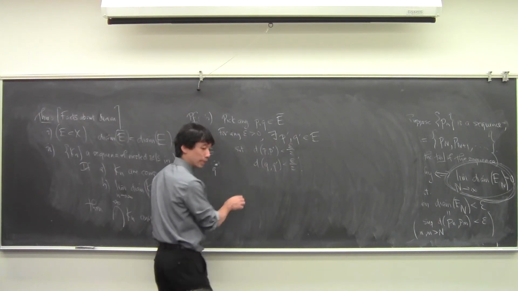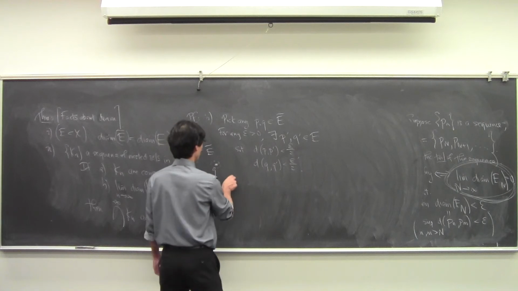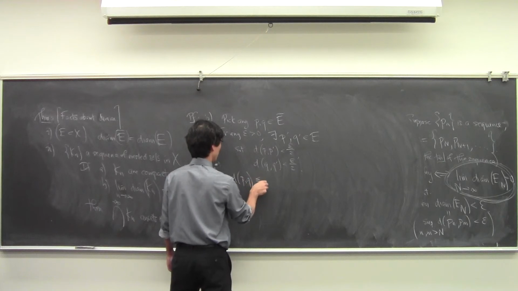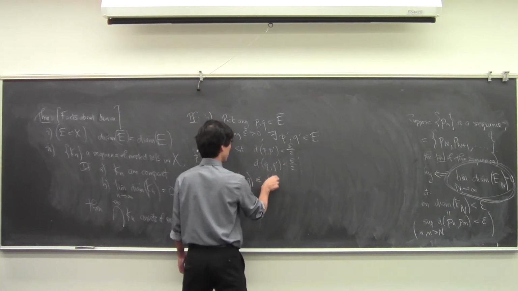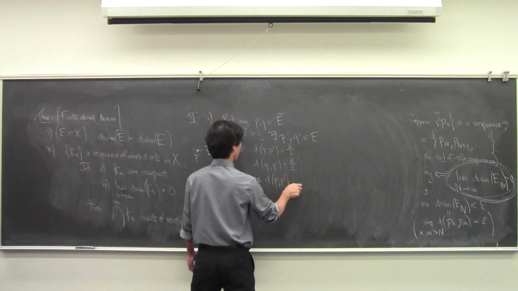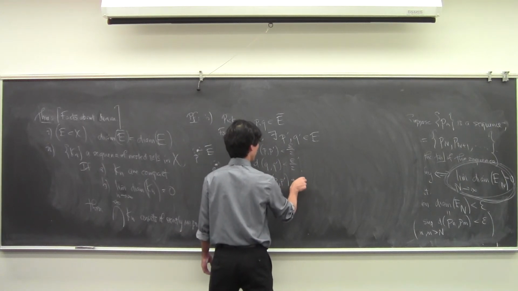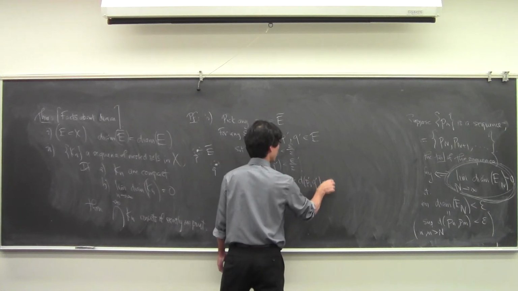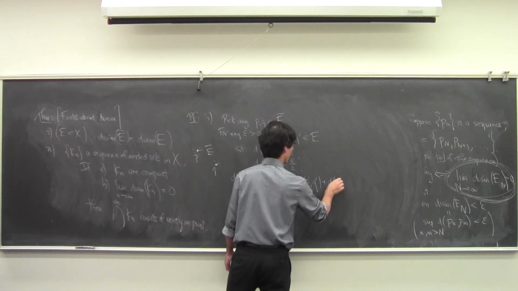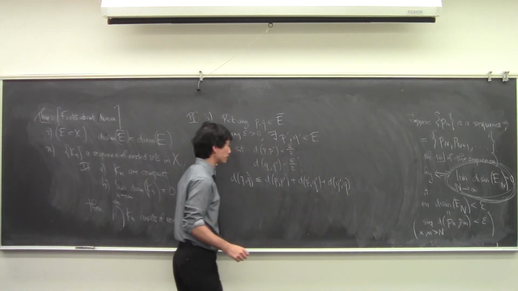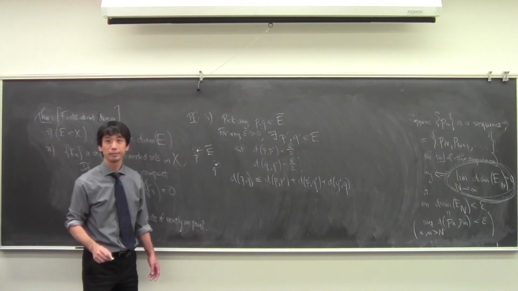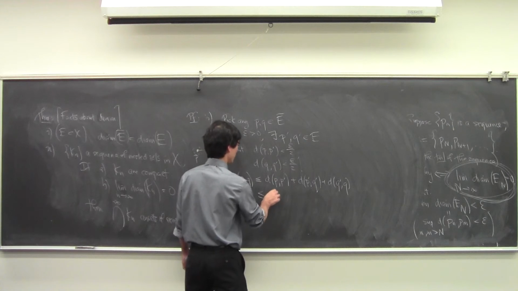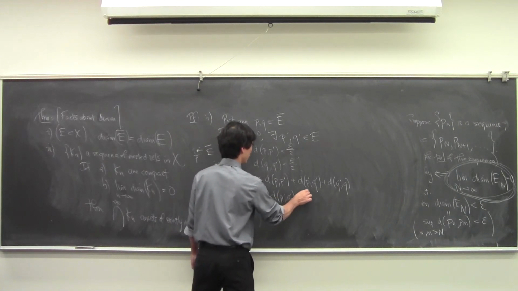So what you see is that the distance from P to Q, right, is less than or equal to the distance from P to P prime, plus the distance from P prime to Q prime, plus the distance from Q prime to Q. Right, which is to say, smaller than the distance from P prime to Q prime plus epsilon.